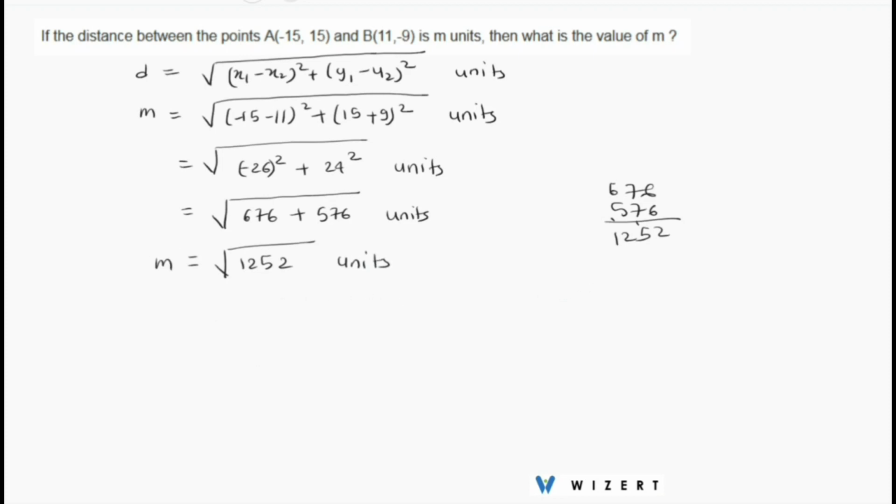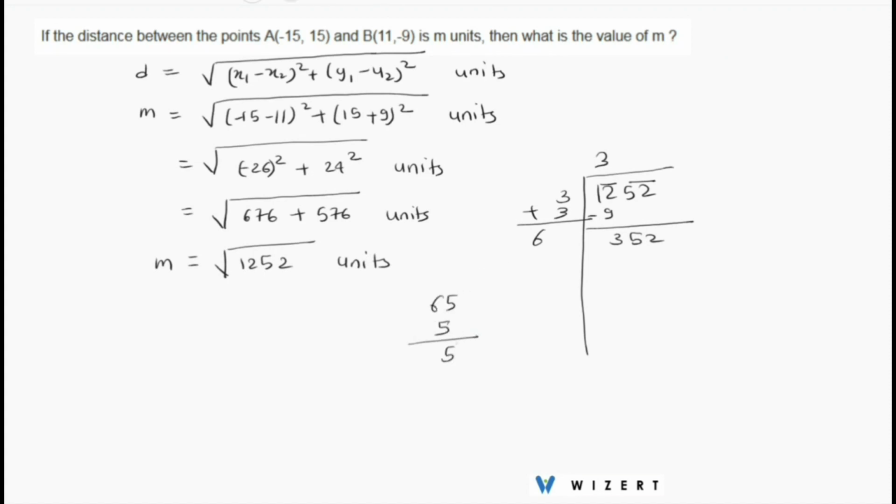Now in order to find the value of this, we can use the long division method. Let's see, 1252, we group it this way. So we have 3 3s are 9, 3 remains, 52 comes down here. We have 3 plus 3 is 6, and so we check with 65. 65 multiplied by 5 is 5 5s are 25, 5 6s are 30 plus 2 is 32.